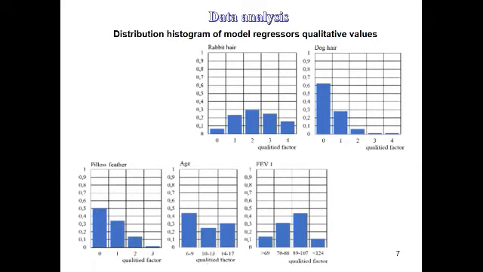For schematic prediction, when choosing model parameters, we use a distribution histogram of model regression qualitative values. Distribution histograms of model regressor qualitative values are given in the figure. The result of the histogram analysis was used to correct initial values of raw experimental data. During the analysis, the data containing measurement error were excluded.